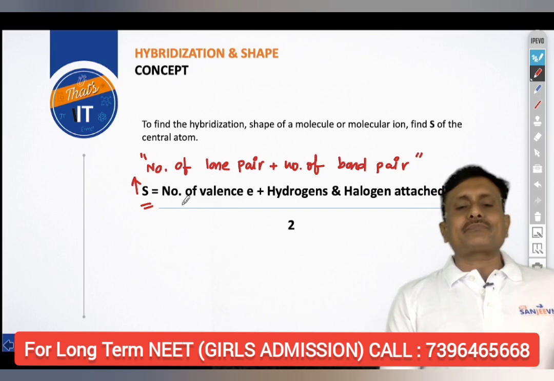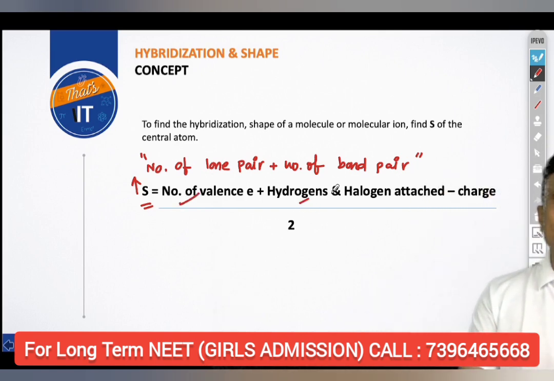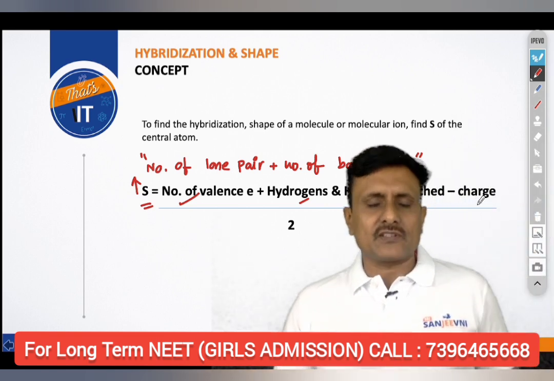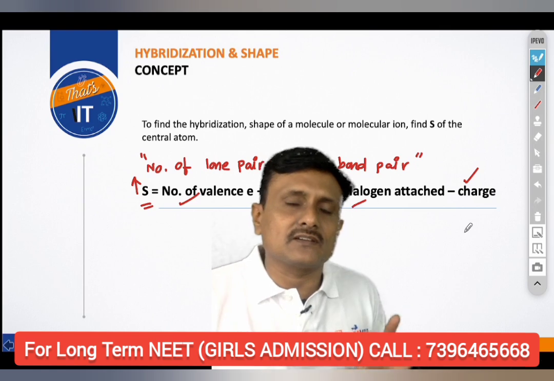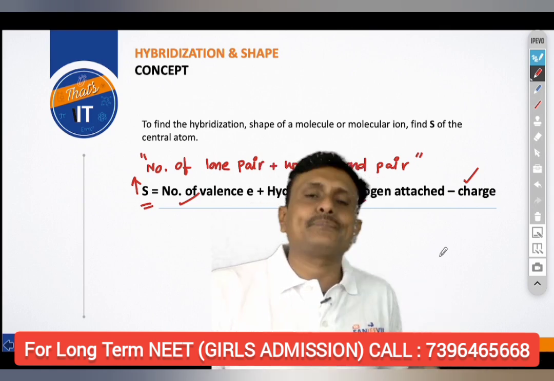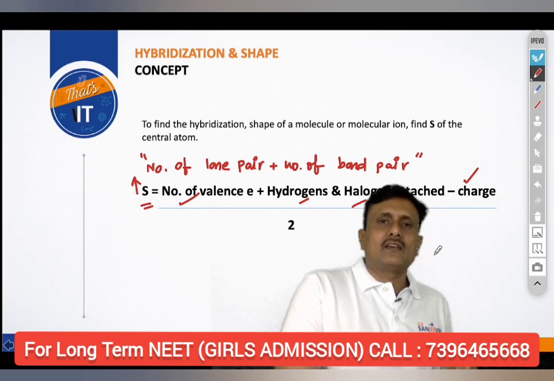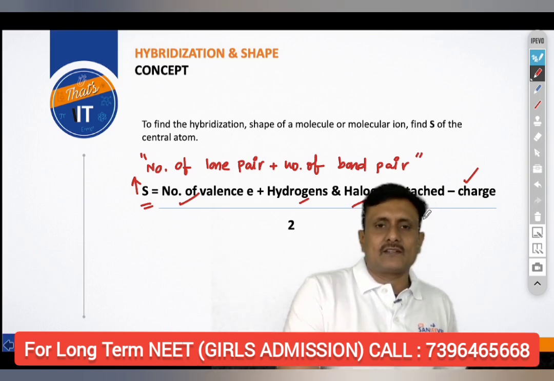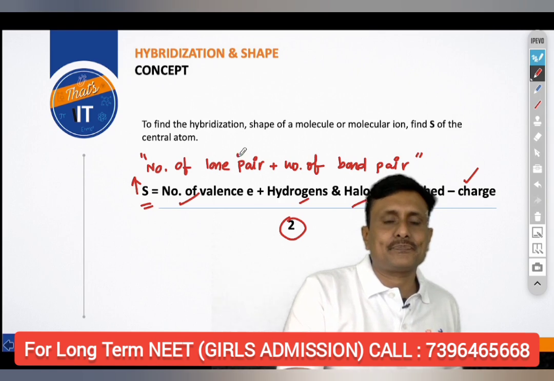You can see the number of valence electrons, plus the hydrogens and halogens attached to the central atom. You have to see how many hydrogens or halogens are attached. Minus the charge, if there is any. If it is a molecular ion, you must write the minus of that charge. Minus of minus charge will become plus. Minus of plus charge will become minus. Divided by 2. 2 is because we are finding out the pair.